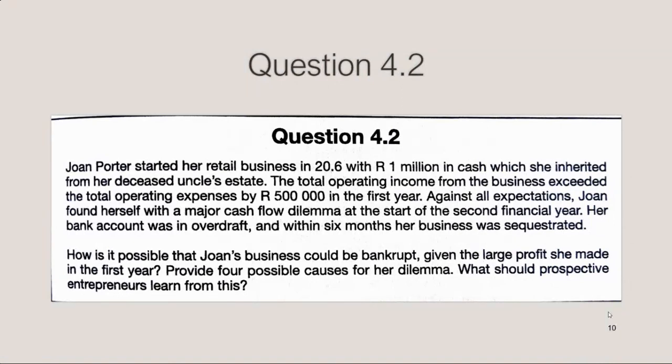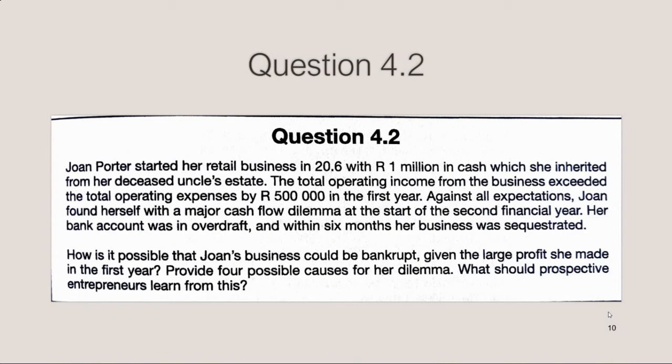Against all expectations, Joan found herself with a major cash flow dilemma at the start of the second financial year. Her bank account was in overdraft, and within 6 months, her business was sequestrated. If your business is sequestrated, it means that your business goes belly up. It is closed down because you do not have enough funds to pay your liabilities as they are due and payable.